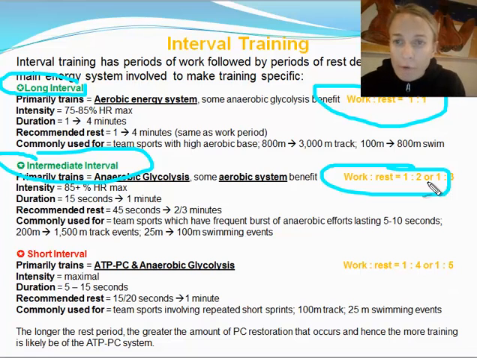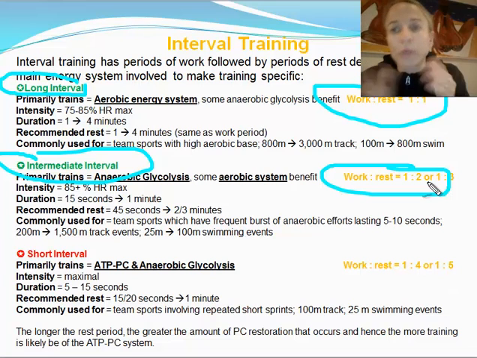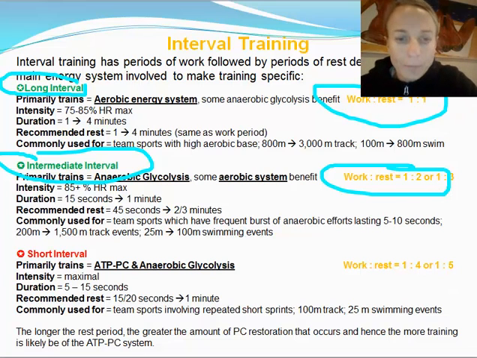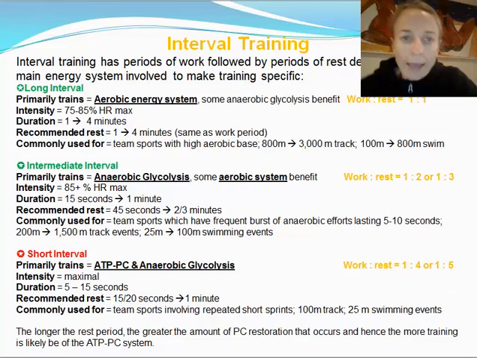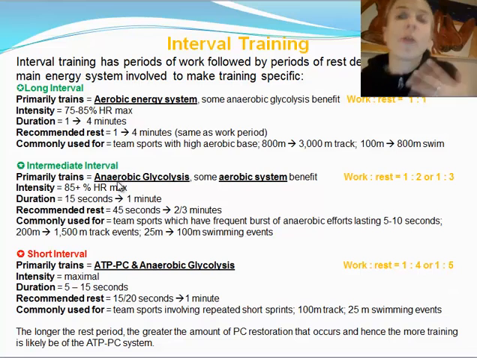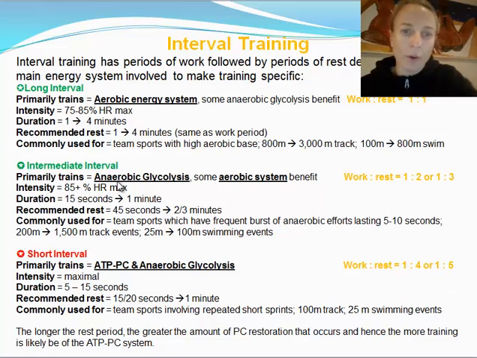So if we're working for 30 seconds, we'll rest for 1 minute. 30 seconds, rest for a minute. And as you can see, intermediate or medium interval training gets benefits in both the aerobic system and the anaerobic system.